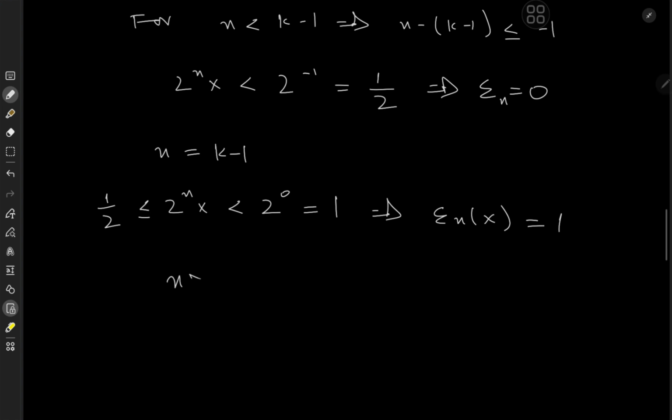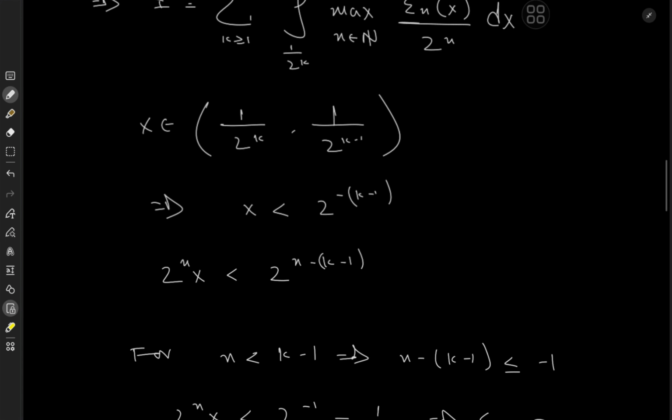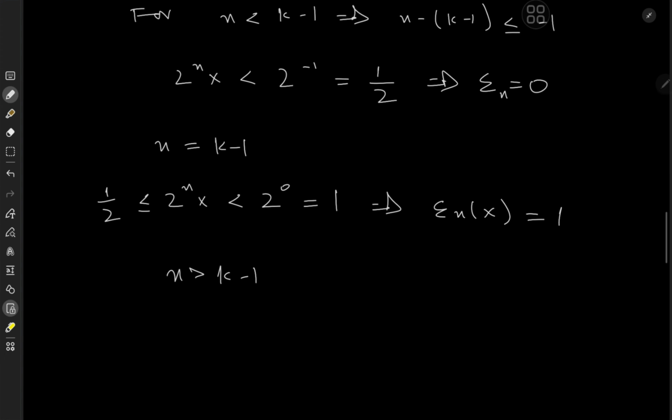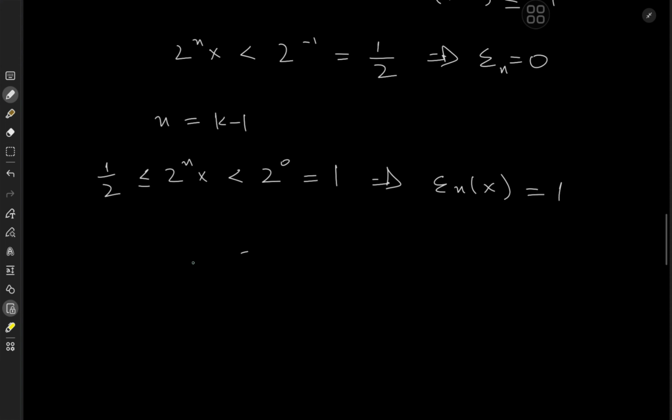And what about the case of n being greater than k minus 1? That may or may not work, but we don't care about that. The reason is that we're interested in the maximum value of epsilon sub n over 2 to the n. So just plugging in greater values of n would increase the denominator and hence decrease the value of the output. So we're not interested in n being greater than k minus 1, but we are interested in n equal to k minus 1.